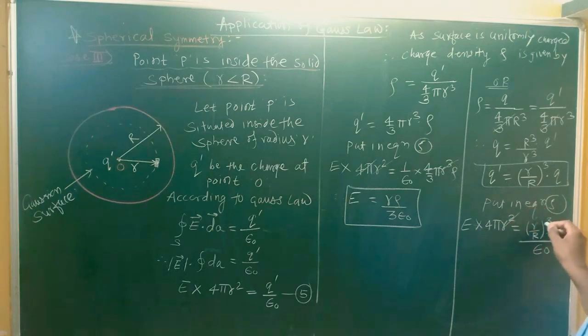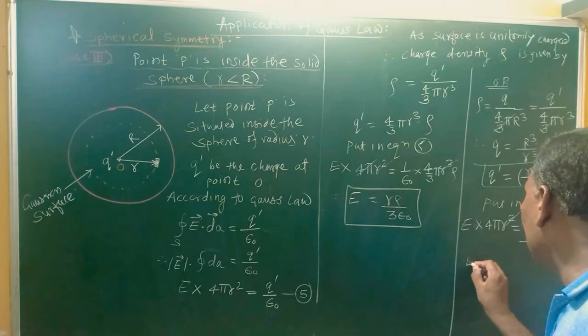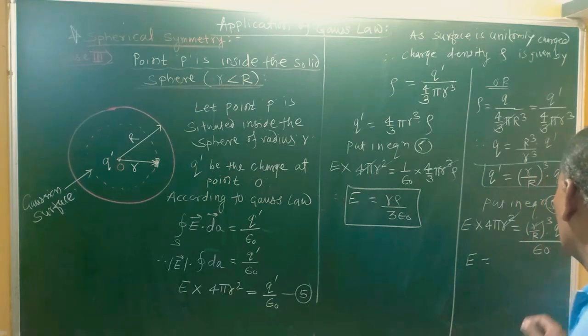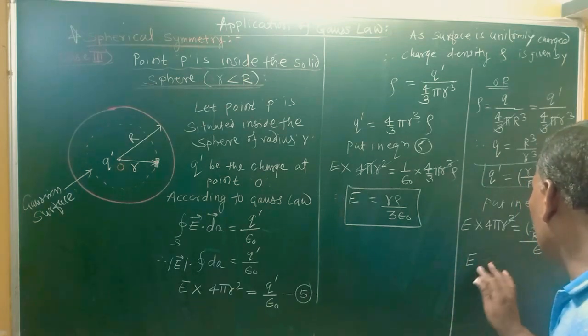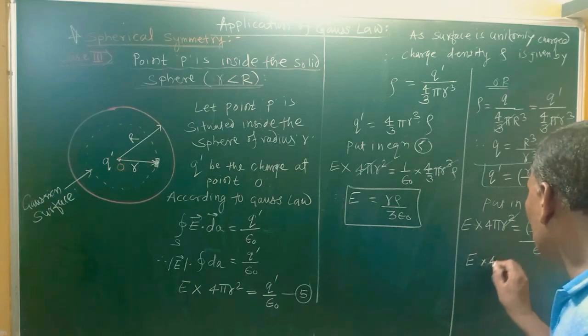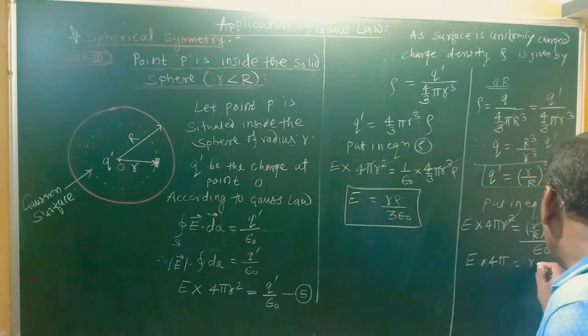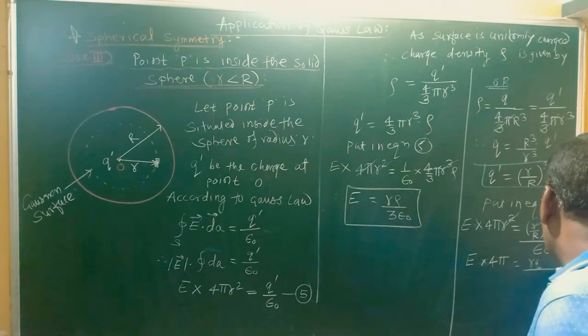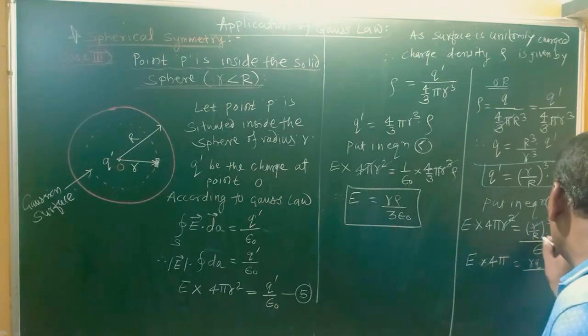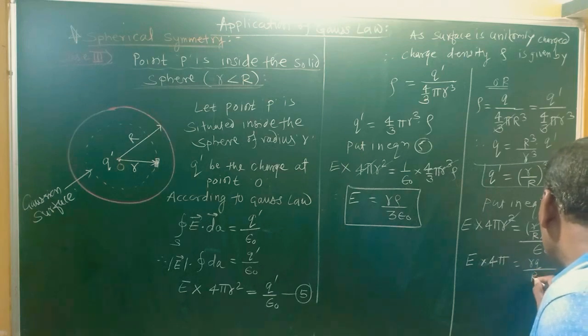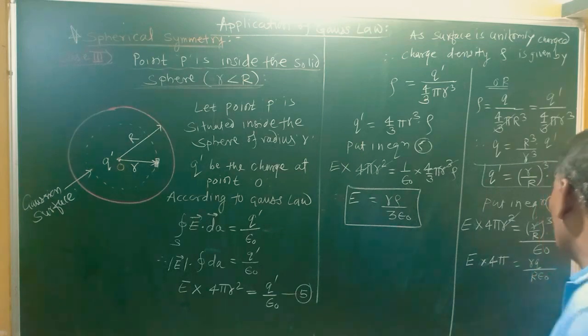R square is cancelled with this R, and it means that E is equal to, here one step is we have to include 4 pi, and here what we have? Small r into Q divided by capital R cube into epsilon naught.